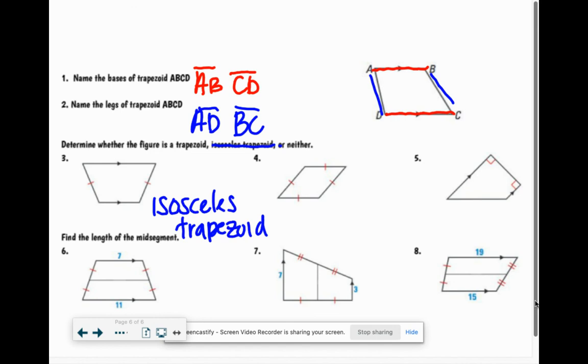Trapezoid or neither? Neither, yeah, this would actually be a rhombus. And which makes 5 our trapezoid, even though it kind of looks funny. But we do have that 1 pair of sides parallel.